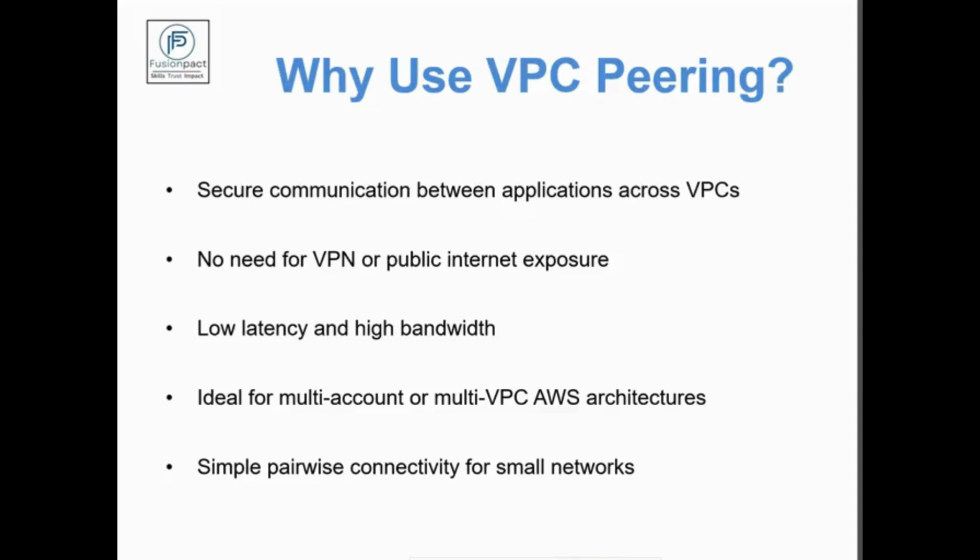It also gives you good latency and high bandwidth, which means the apps can connect very fast. If we choose any other option, it will take some time to connect over the public internet. But with VPC peering, the latency is very low, and we can use this for multi-account, multi-VPC AWS architectures as well.